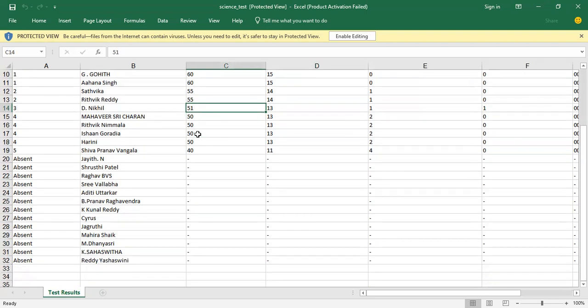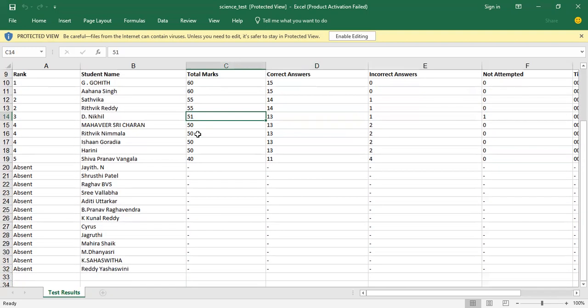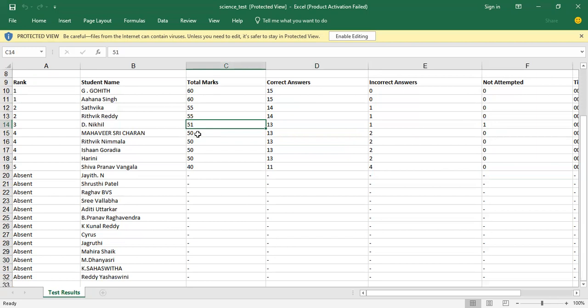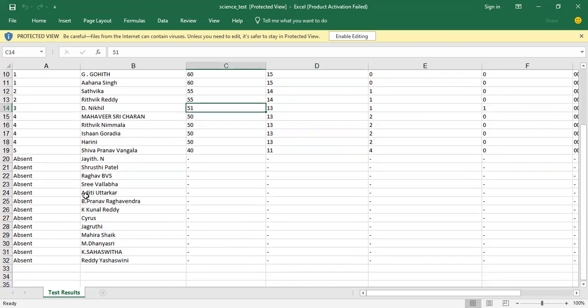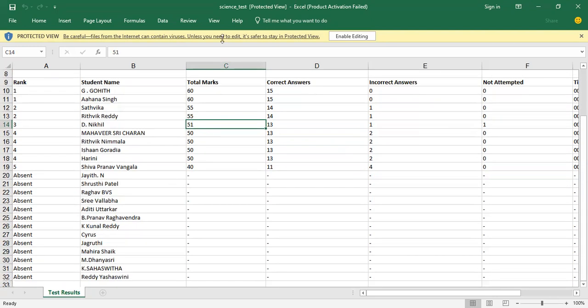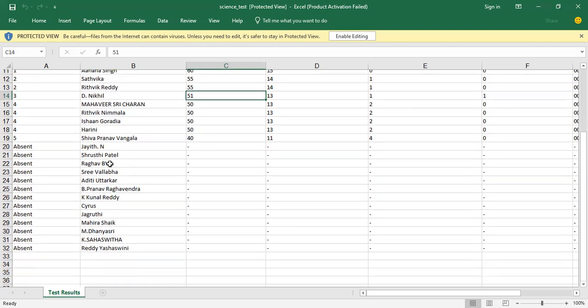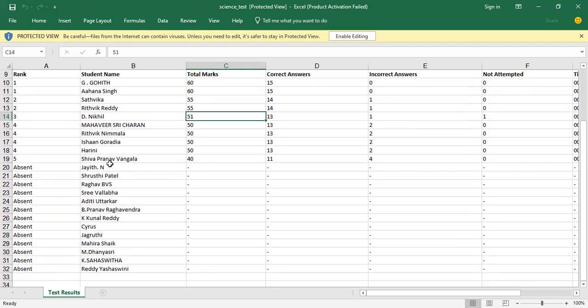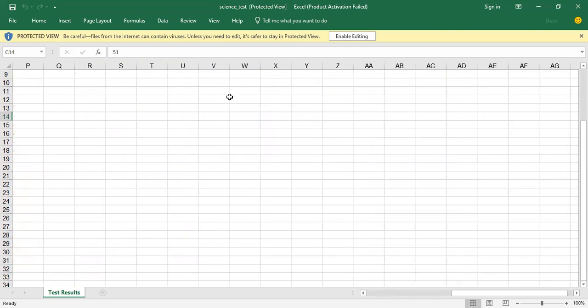But a lot of the students are absent. Why? Sir, most students are absent. Almost 10 students are absent for the test. Sir, I'm not able to hear you properly, sir. Many students are absent for the test.